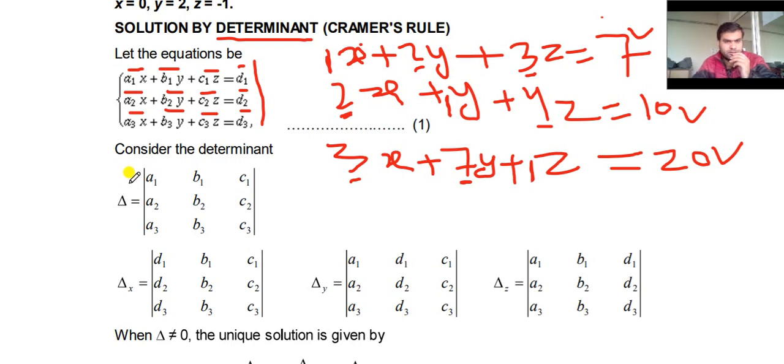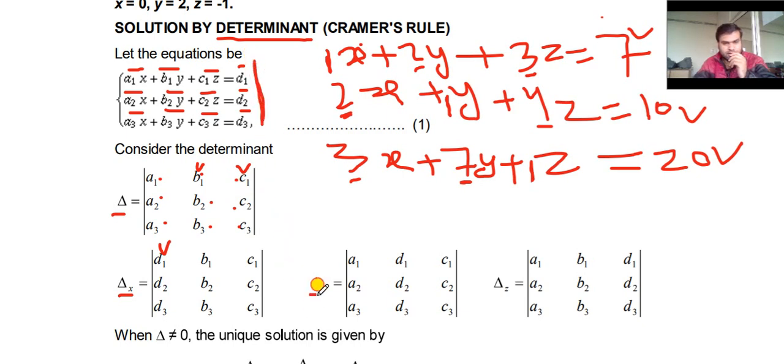After that we make 4 matrices. The first matrix is called delta. Delta is equal to a1, a2, a3, b1, b2, b3, c1, c2, c3. The second matrix is delta x. In the delta x matrix, the second and third columns are the same as in the delta matrix, but the first column is replaced by d1, d2, d3.